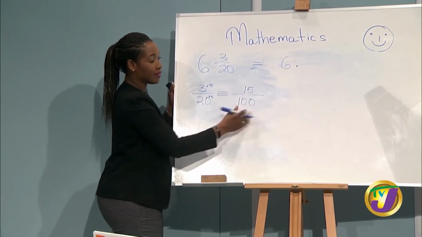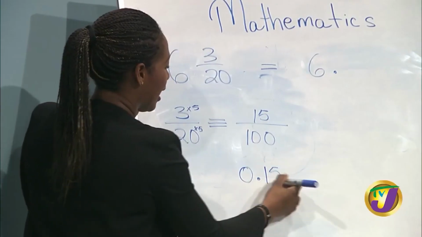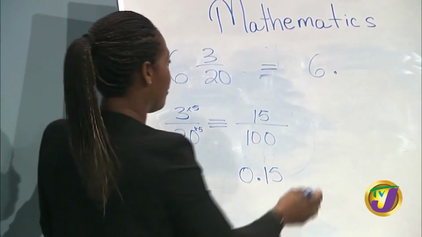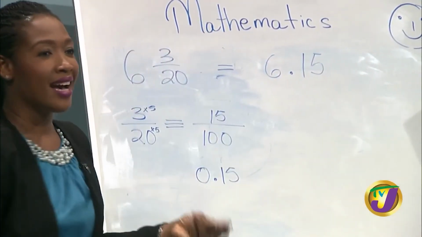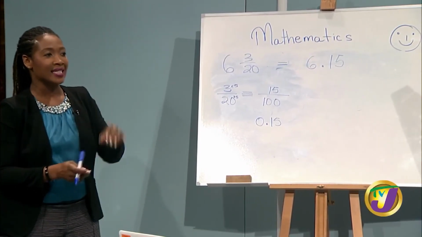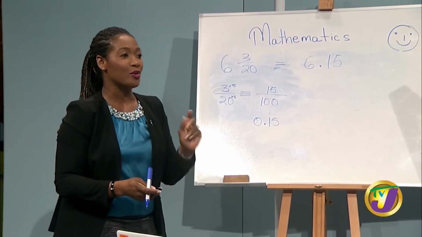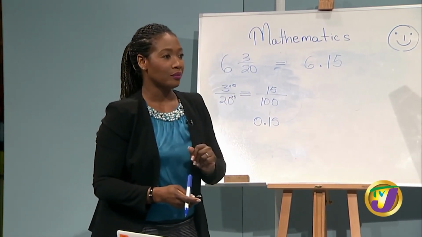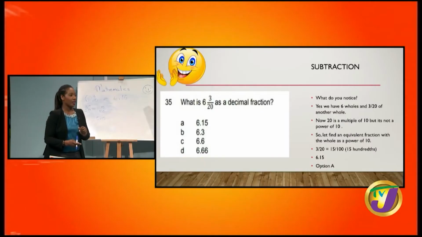So we see this as 15 hundredths, and we know we write that as 0.15. So right away, it's that simple. It's that easy to work out. So 6 3/20 is the same as 6.15. So we're finished there. So it's option A. Great job.